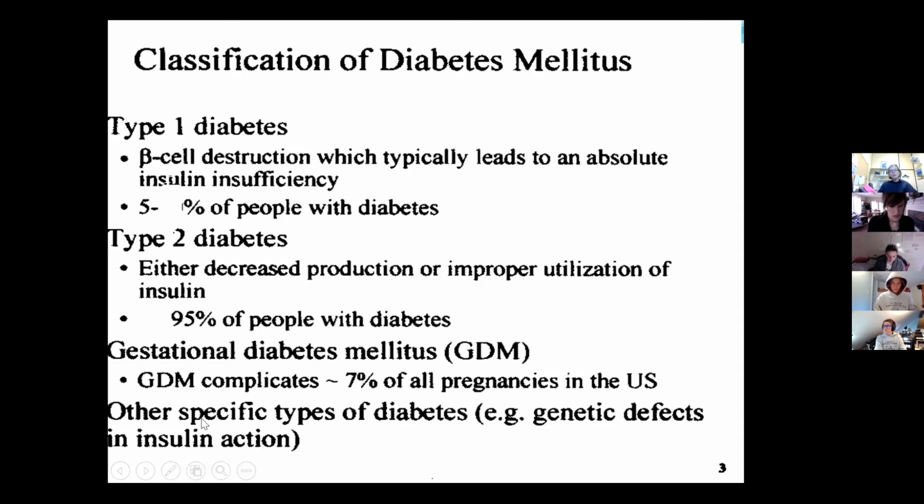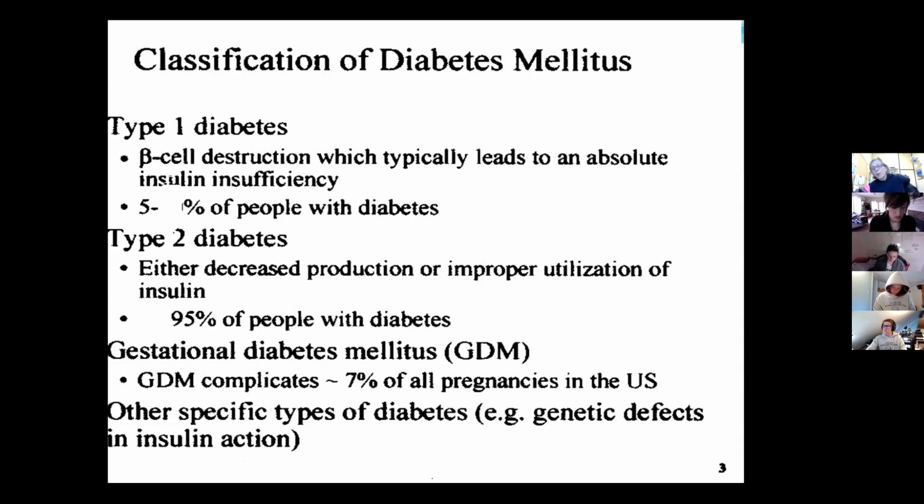As the bottom of this slide shows, there are other specific types of diabetes that are actually numerous. There are genetic defects in insulin action. There are drug or chemical induced diabetes. But for our purposes, think about these top 3 as being the ones that you really need to know about.